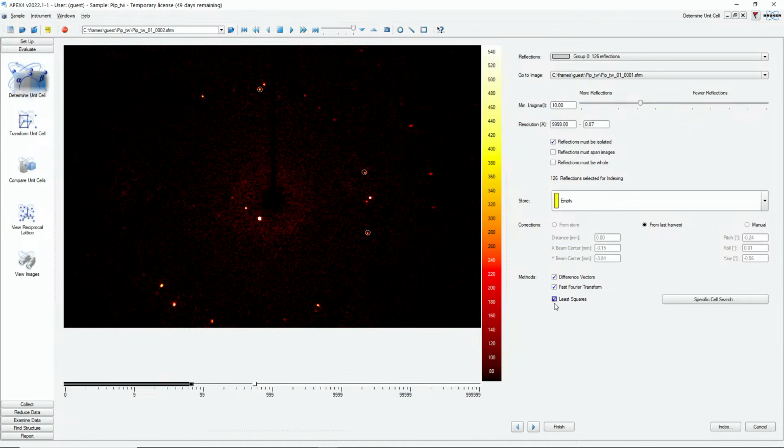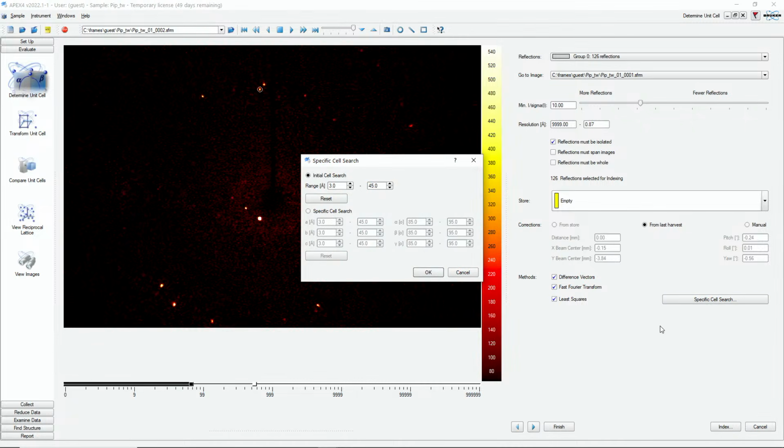Okay. And what we can do here is a specific unit cell search. Typically, we search between maybe 3 angstroms and 45 if you use this method. But we had seen that there is not a really long unit cell axis in this case.